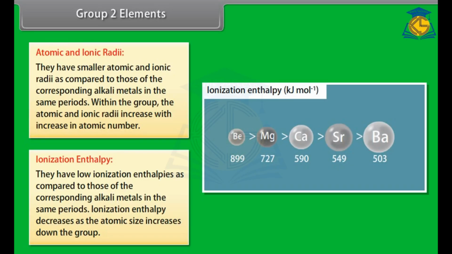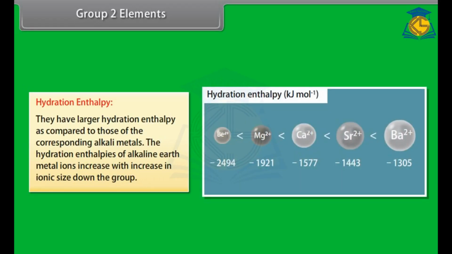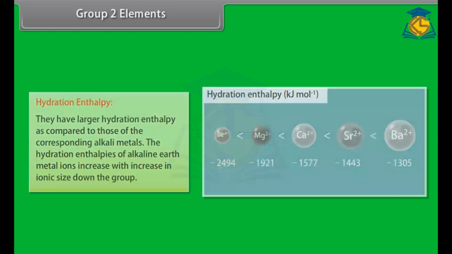Ionization enthalpy decreases as the atomic size increases down the group. Hydration enthalpy. They have larger hydration enthalpy as compared to those of the corresponding alkali metals. The hydration enthalpies of alkaline earth metal ions increase with increase in ionic size down the group.